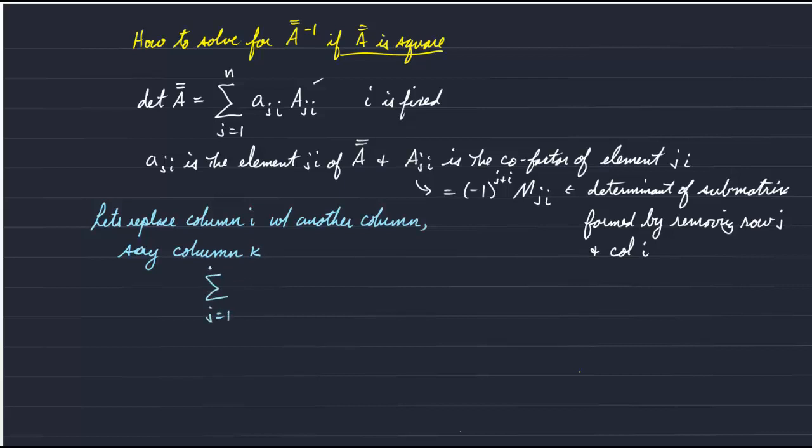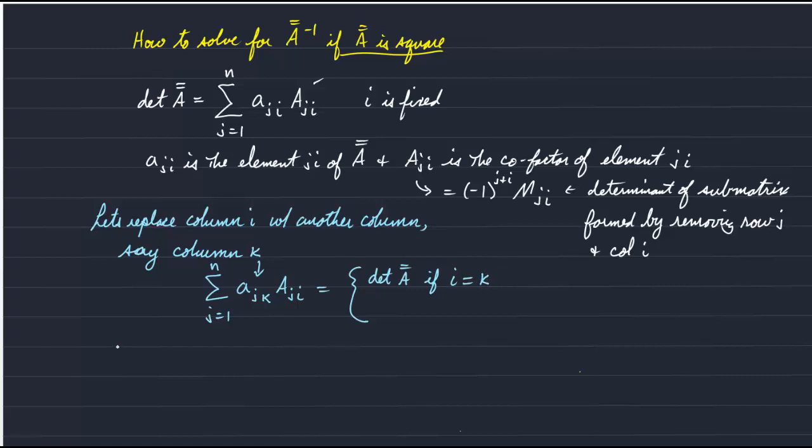Again, we're summing over j from 1 to n. And instead of the ith column, we're going to use the kth column instead. But we'll still keep the cofactor of element ji. And so this is equal to the determinant of A if i is equal to k.